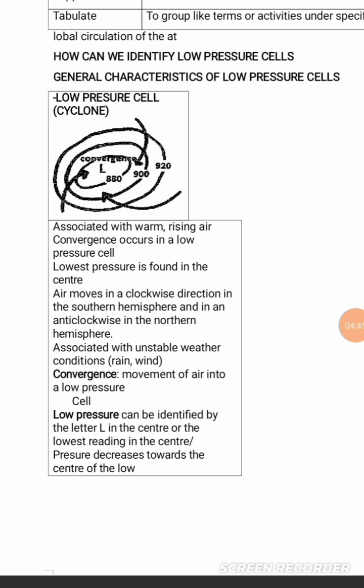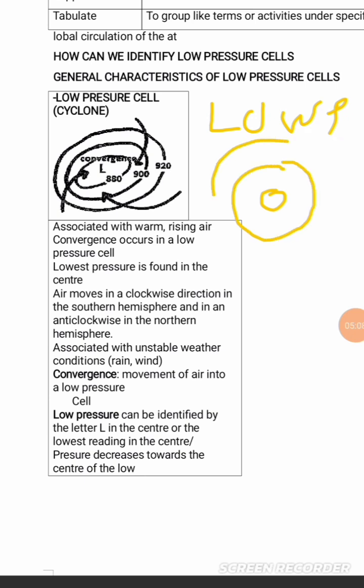Low pressure, and also you must know there is a confusion learners make. Low pressure means that the lowest pressure is at the center.